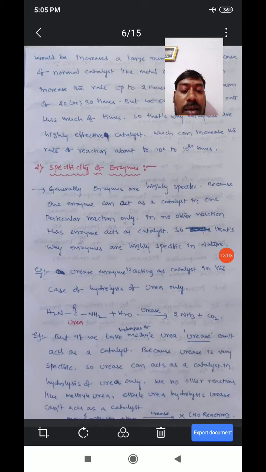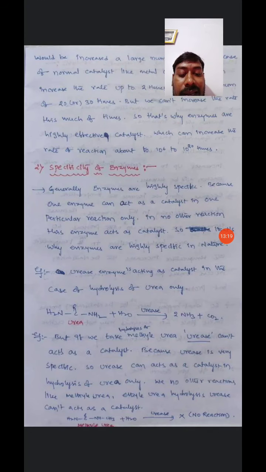It acts as a catalyst only in the hydrolysis of urea. In other reactions like methyl urea or ethyl urea hydrolysis, urease cannot act as a catalyst.